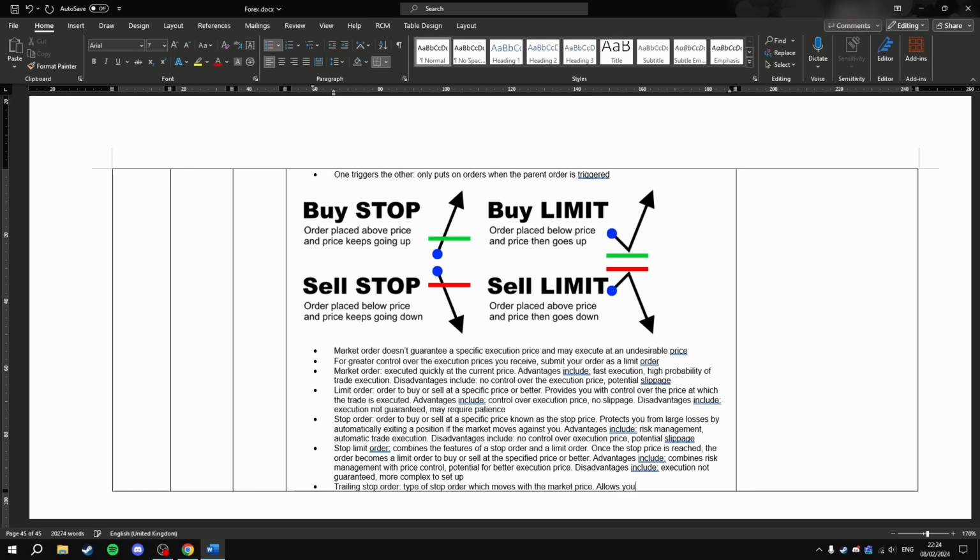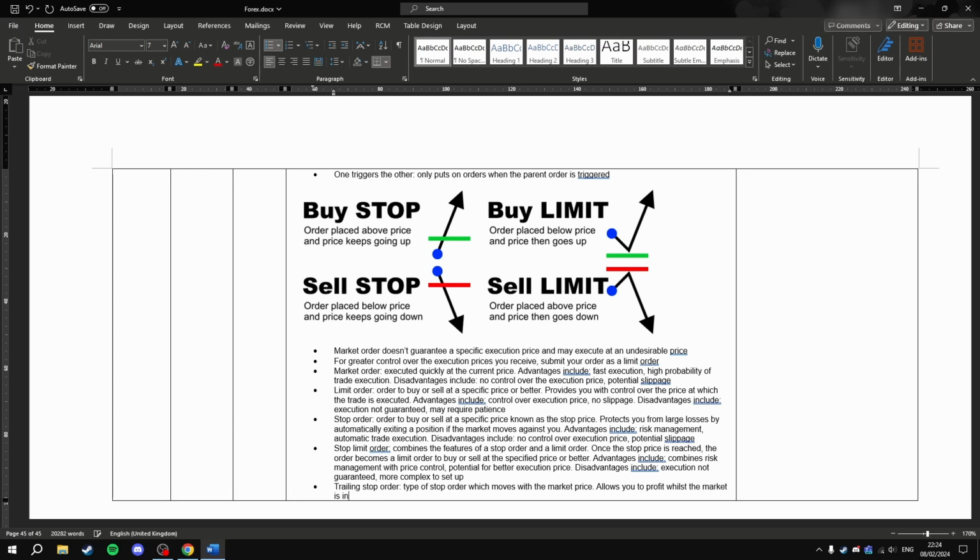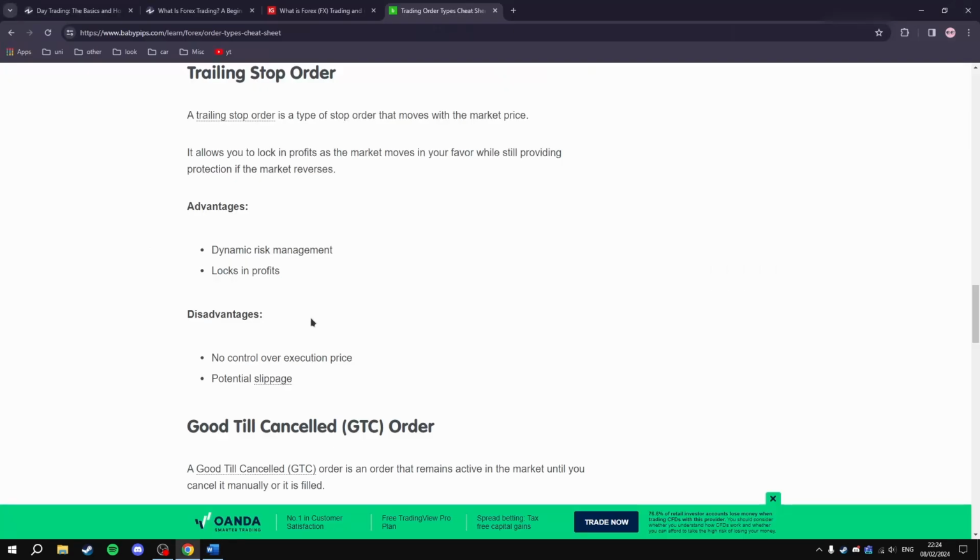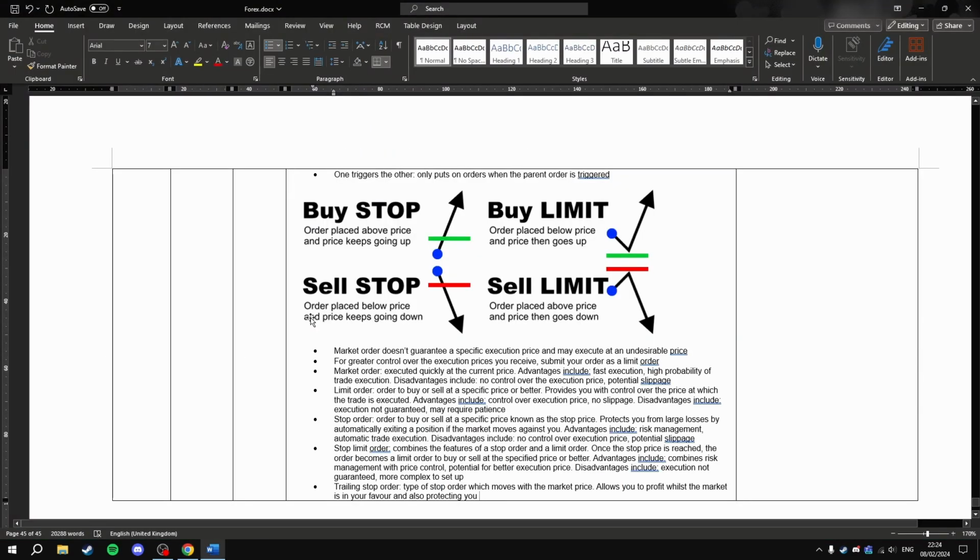It allows you to profit whilst the market is in your favor and also protects you if the market reverses.